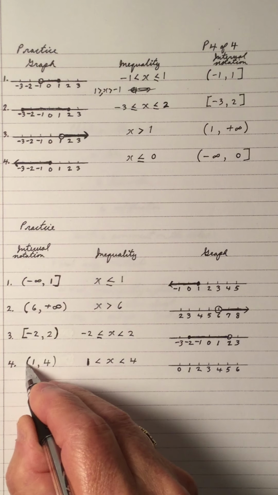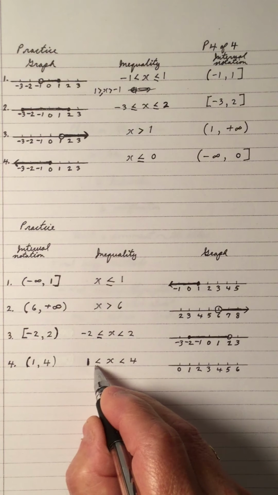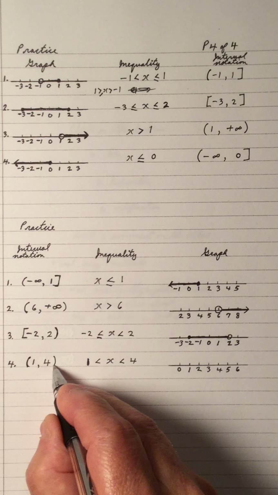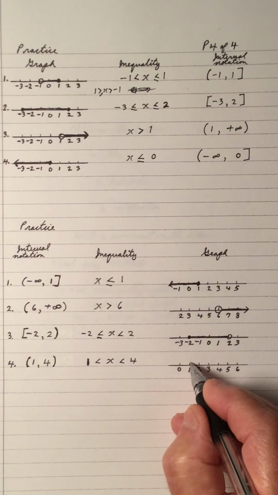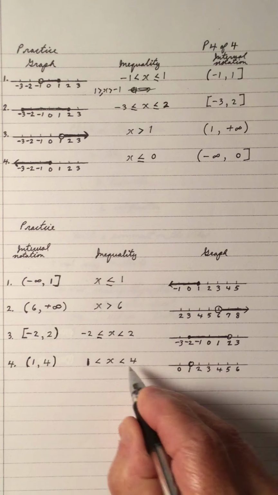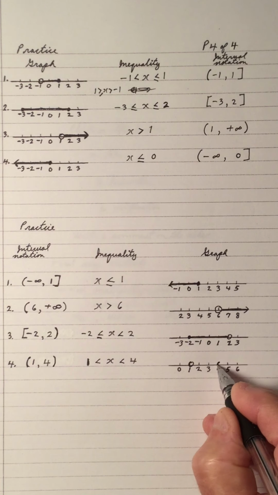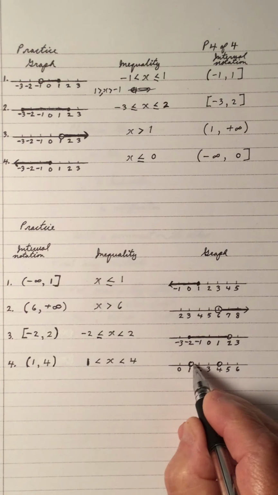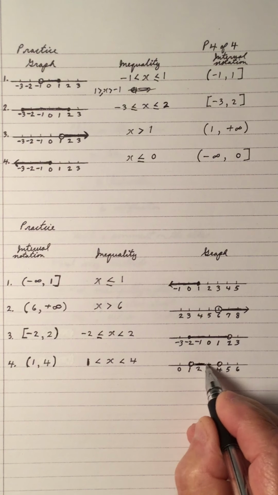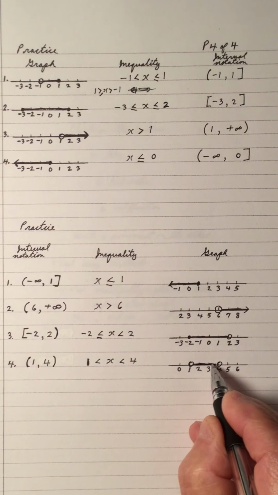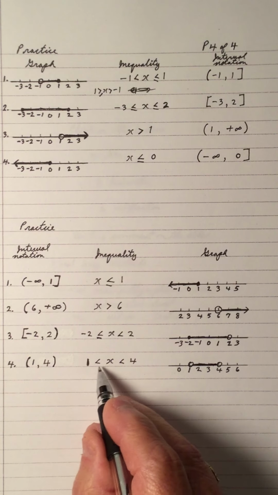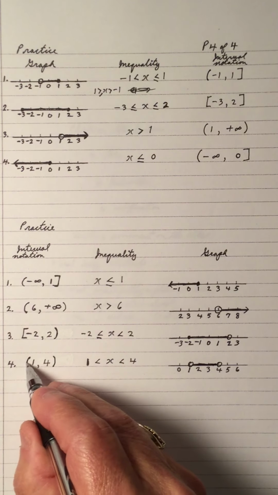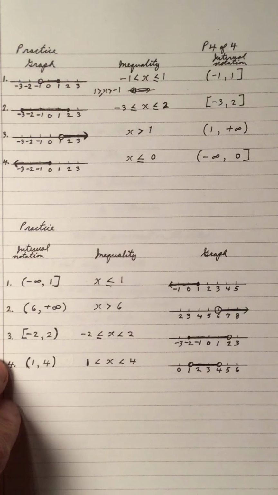And notice that's a hollow round bracket, so it's no equal sign. So 1 is not included. 4 is not included, hollow dots, but we're talking about all the real numbers in between 1 and 4, but 1 and 4, no equal sign, round brackets.